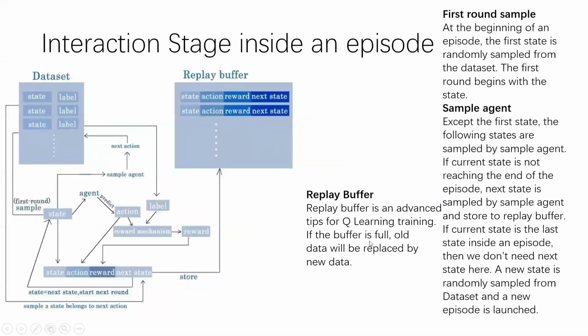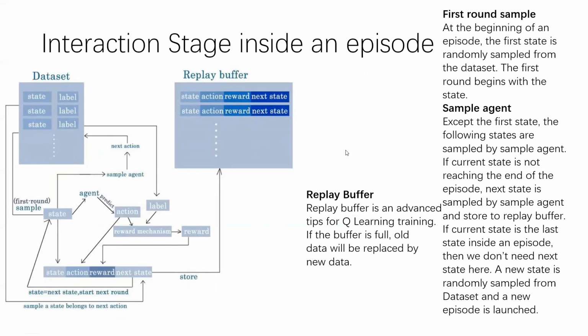Next, the replay buffer is an advanced tip for training Q-learning. If the buffer is full, then old data will be replaced by new data. At the beginning of the episode, we randomly sample a state from the dataset, and the first one begins with this state.